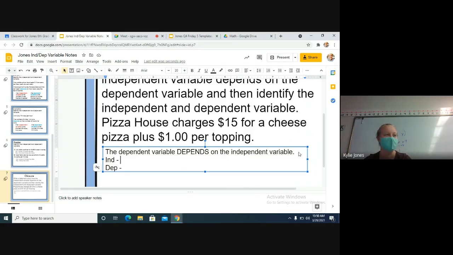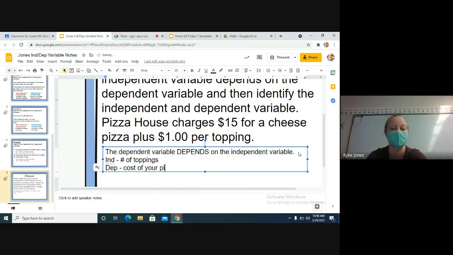The money depends on the toppings, right? So your independent variable is the number of toppings you want. Your dependent variable is the cost of your pizza. Because if I just want a cheese pizza, it's $15. If I want a pepperoni, ham, and cheese pizza, that's 2 toppings. Now it's $17. So the cost changes when you put more toppings on it.